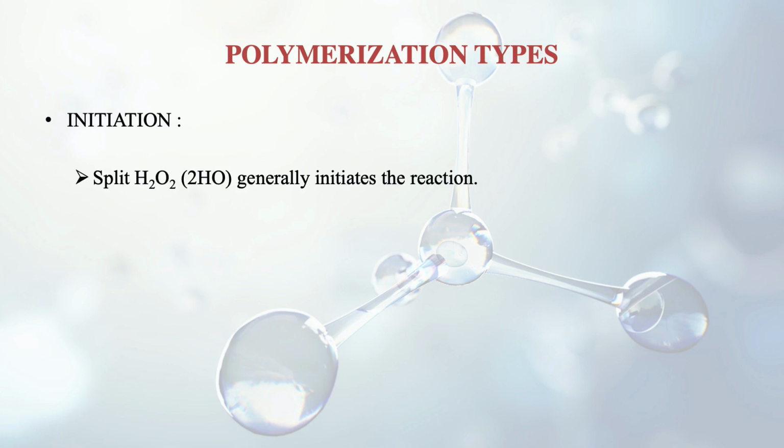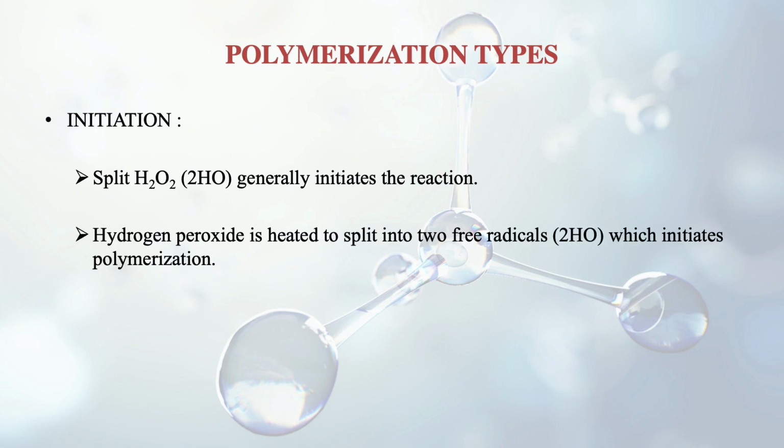Hydrogen peroxide, H2O2, with 2 hydrogen and 2 oxygen atoms, is heated to split into 2 free radicals, which initiate the polymerization.